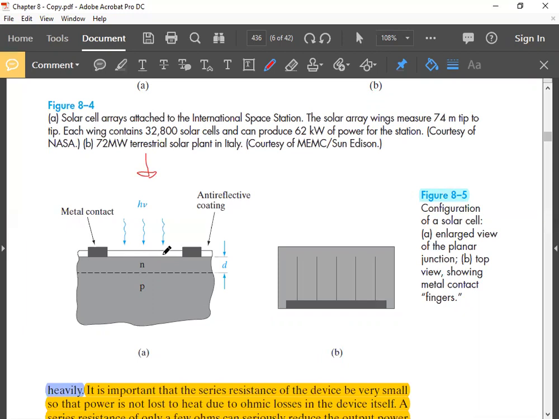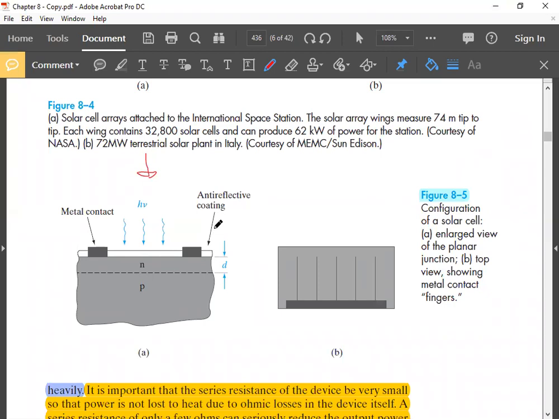It may get trapped in the trap states, and from the trap state it may even come back to the valence band, instead of going to the conduction band. So those trap states actually will reduce the number of carriers generated. That will also reduce the photo-generated current, IOP.